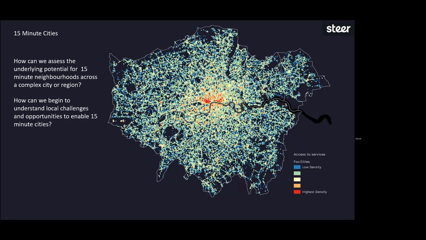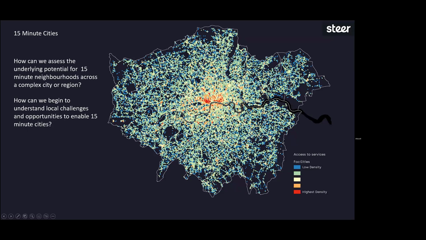So for every one of these little hexels, we have a walk time to all of the services that we assessed, and that allowed us to do some analysis and summarize the data to show across London where people have good access to services that could define what a 15-minute city might look like.